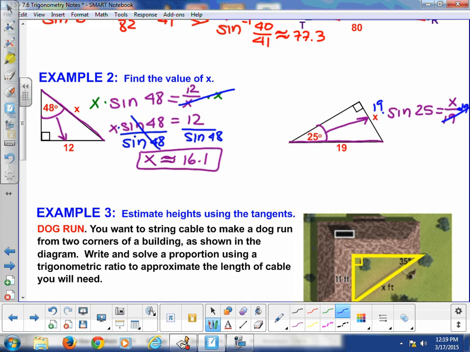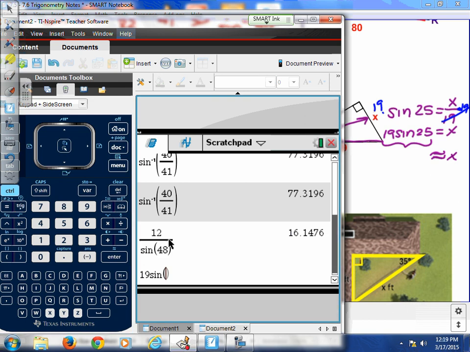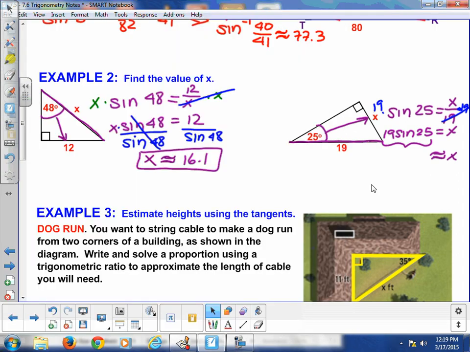Say goodbye to the 19s on the right, and we're left with 19 sine 25 is equal to x. We'll plug that in your calculator, and you have 19 times sine 25 degrees equals 8 point, let's just say approximately 8-ish. So it's about 8.